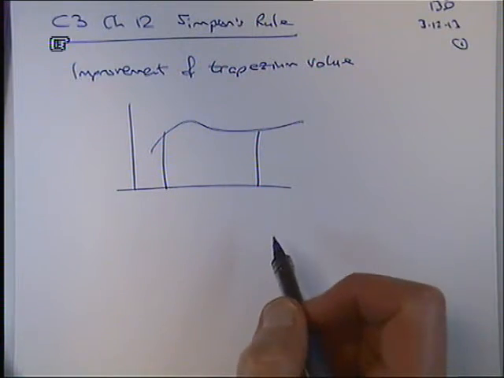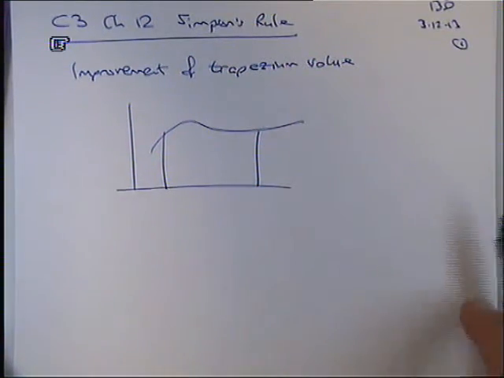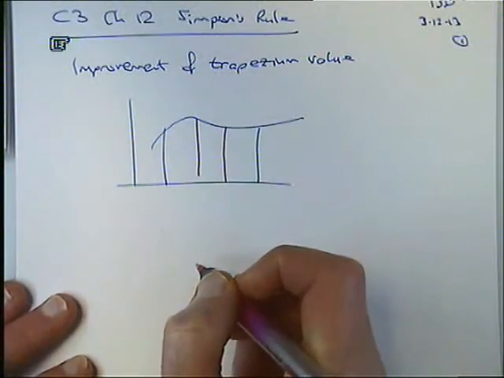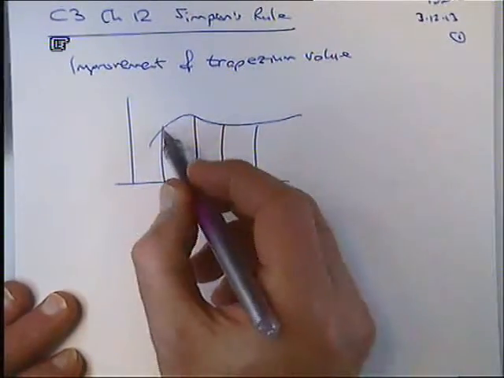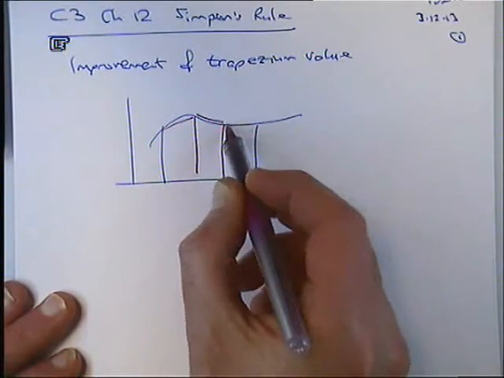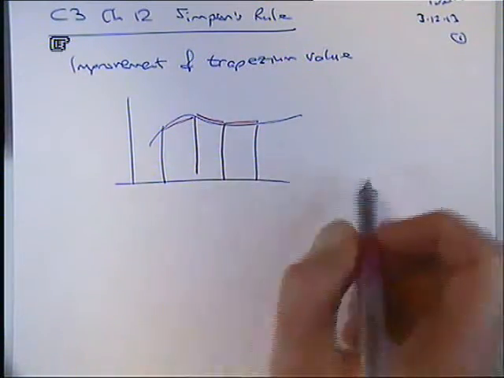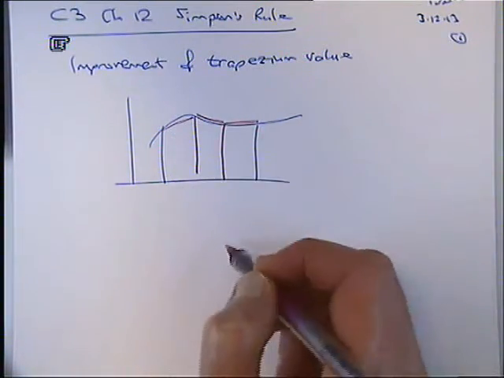Basically, what did I do? Split it up. Yep, okay. I split it up, made it into trapeziums, and added up their areas. Each of those trapeziums would be of equal width, and I added up their areas.